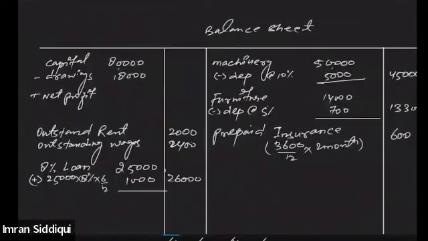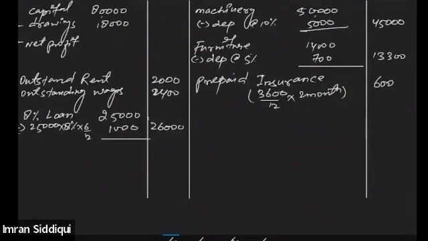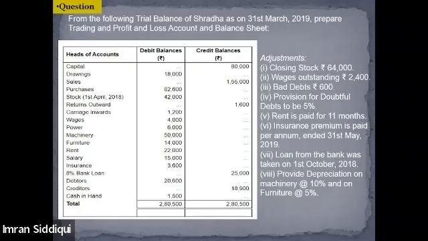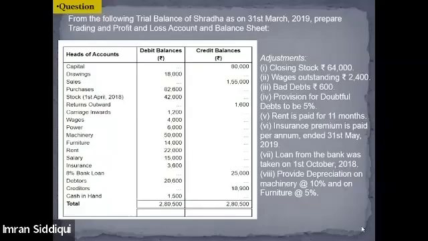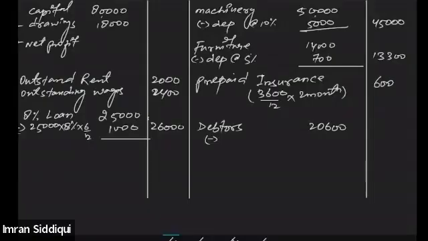What I'm telling you is that first of all, record the value of the debtor on the asset side. Debtor which is given in the trial balance, 20,600. And out of this, first of all, subtract the amount of bad debt which is given in the question. It is given in the third adjustment. We will first of all subtract it, bad debt, 600.